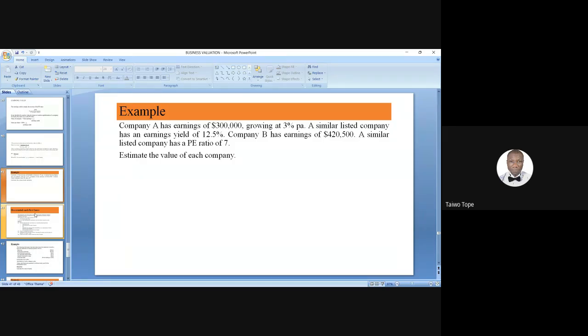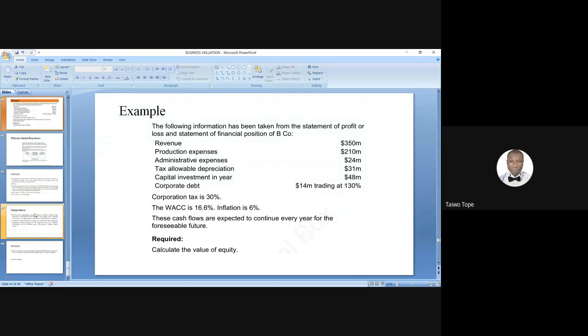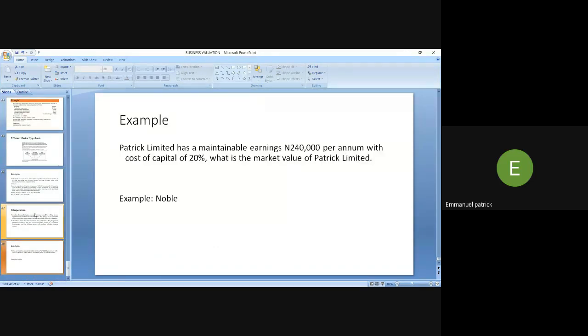So in this question now, the earnings is what? It is 240,000. So in terms of market value now, what would be the factor to consider?